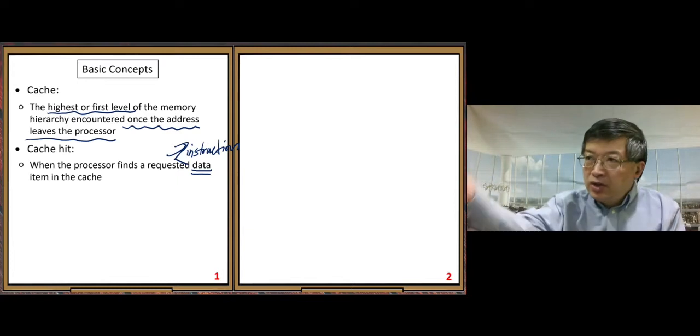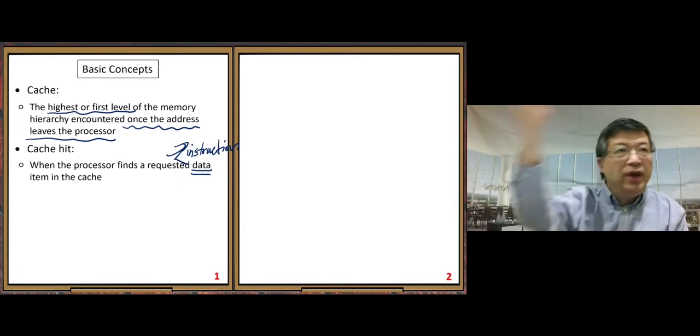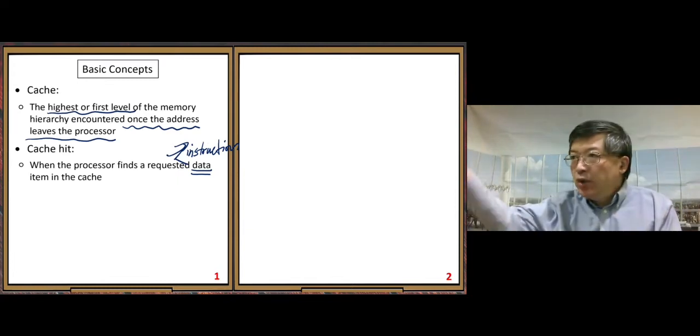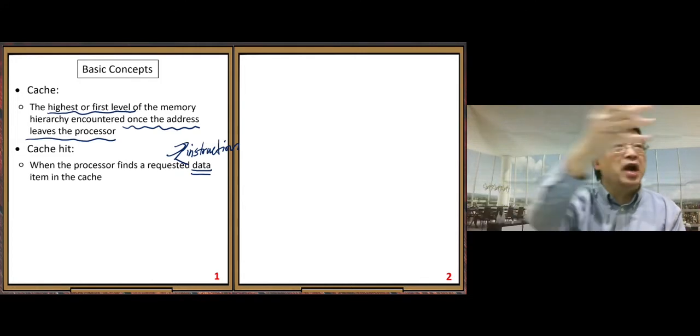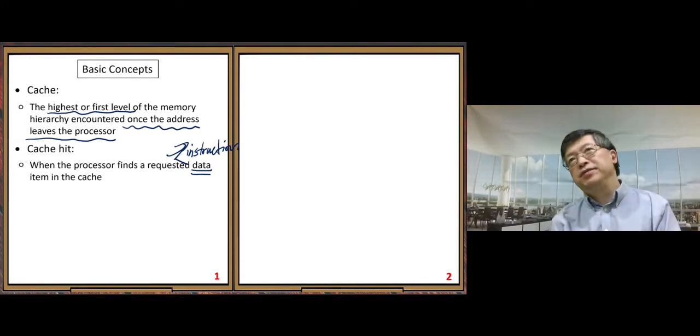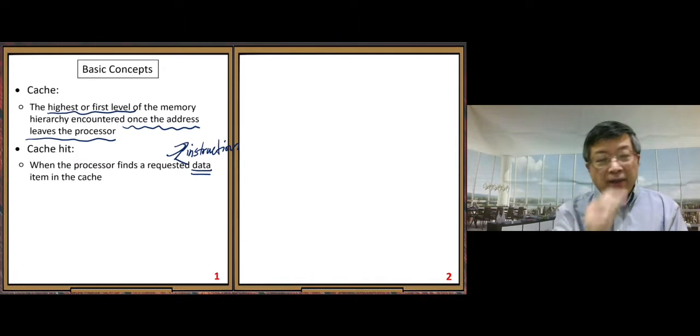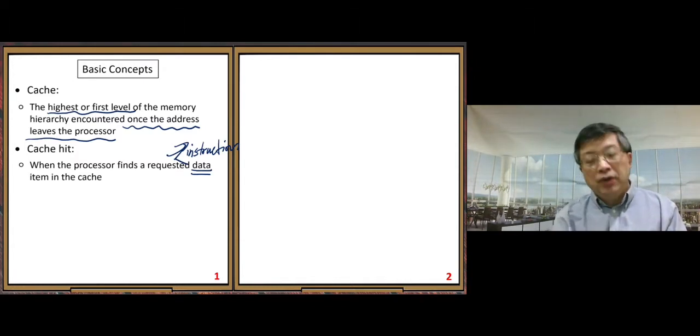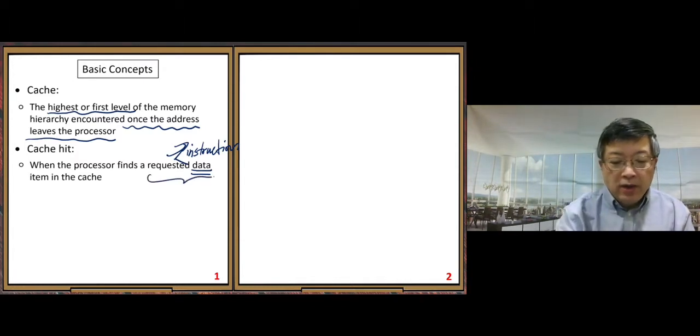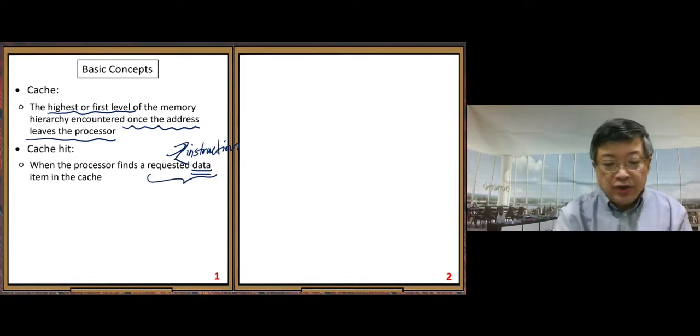Sometimes we load an instruction from memory into cache. Sometimes we load data from memory into cache. So two cases. Another more general way to call it is requested word.